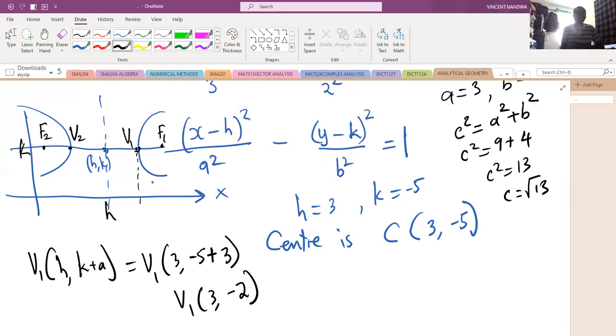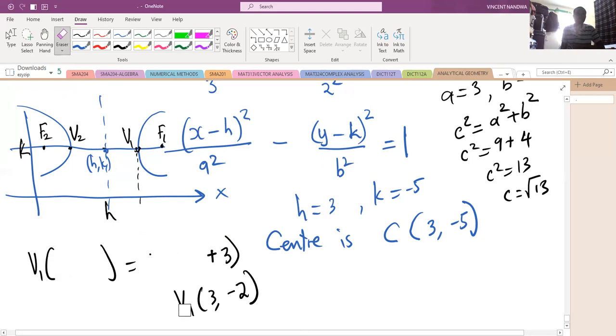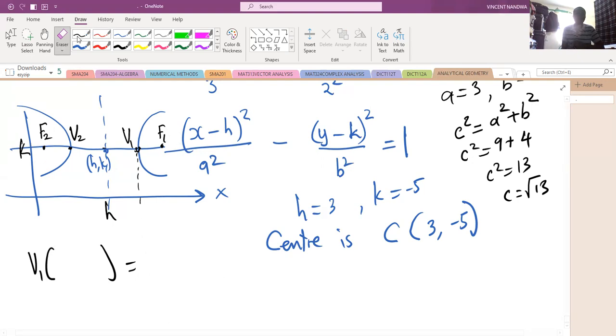What is changing is the x value, but k is not changing because this line is parallel to the x-axis, so the value of y will also be k.